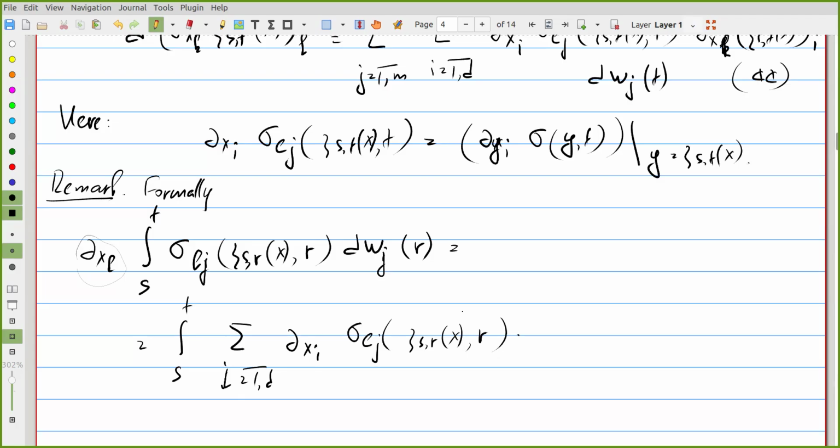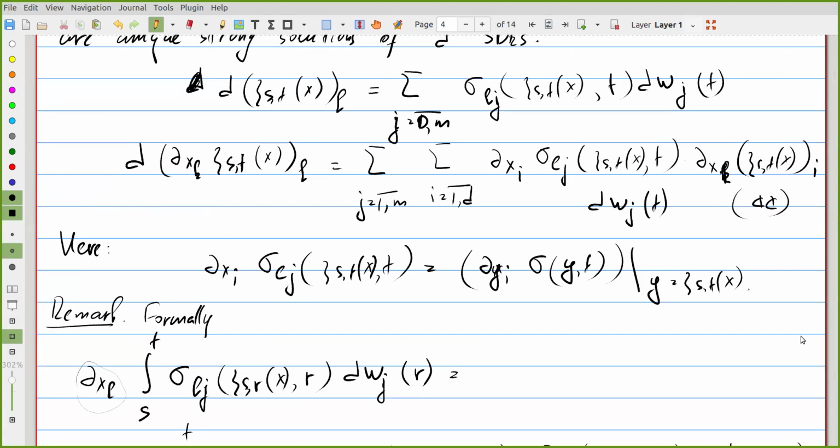What is obtained by doing this differentiation? We need to differentiate exactly as the l-th coordinate, dW^j. So this is how you remember this formula.